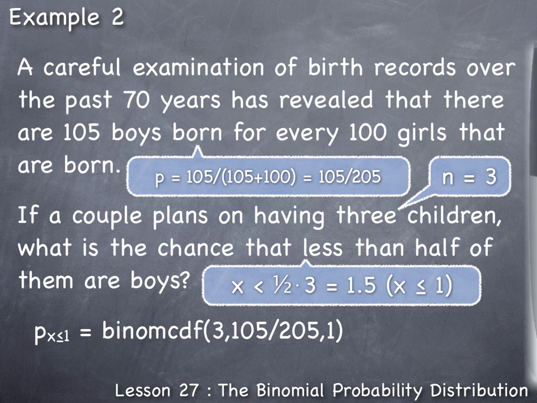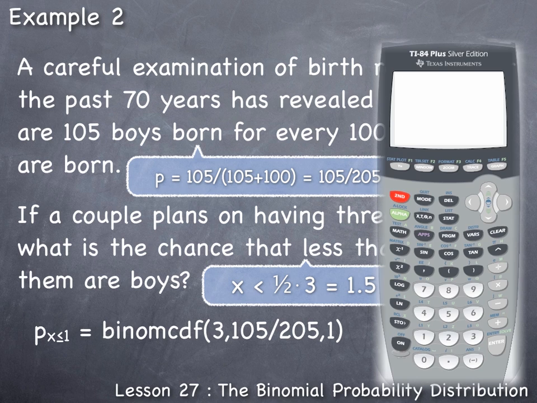So to find the binom CDF command on the calculator, we press second and then distr to get the probability distribution formulas. We then arrow down till we find the binom CDF command, C being the cumulative for less than or equal to. Then we enter in the n of 3, comma, the p of 105 divided by 205, comma, and the x of 1. Close parenthesis, enter.